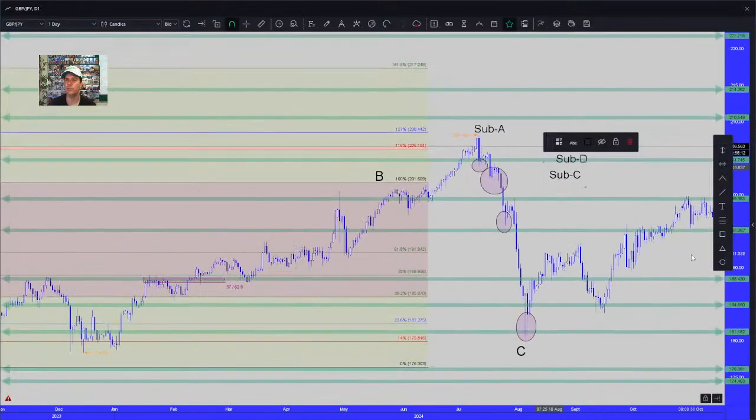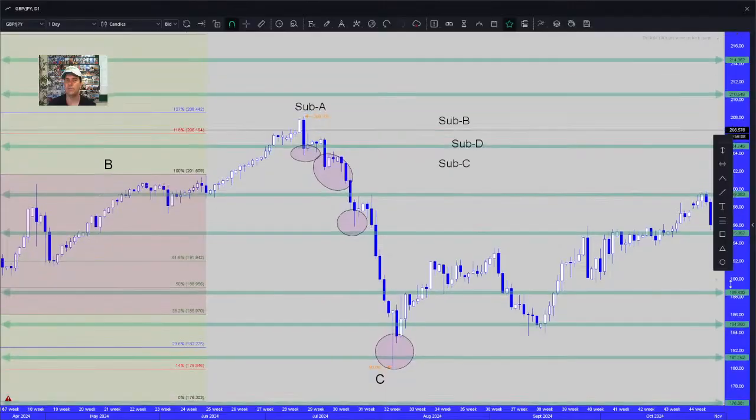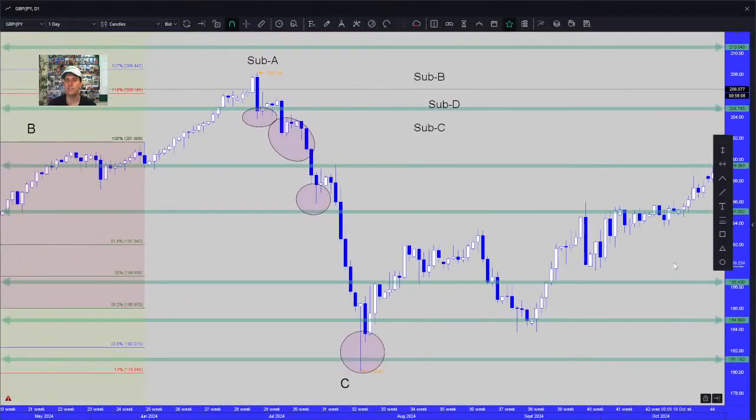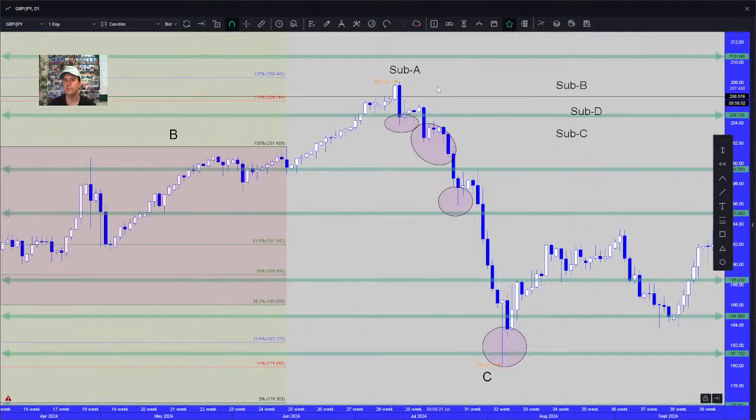Which circle is the first low after the sub A, everybody? Which one is the first circle? This is the sub A, the highest high, the absolute high, the starting point of a sequence.